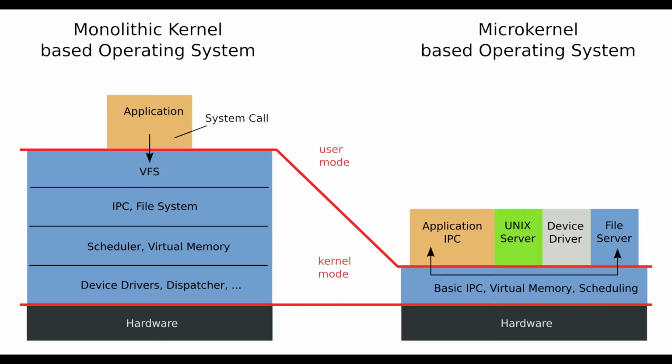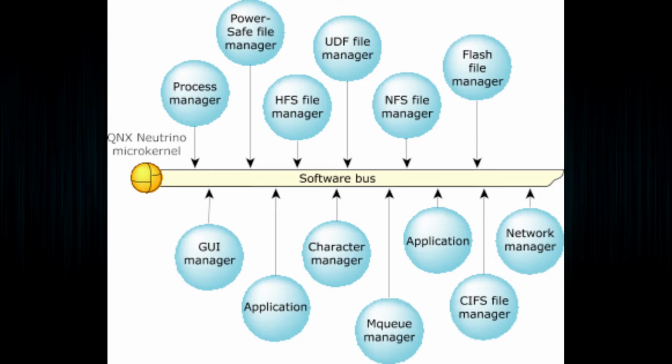For those who are unfamiliar with microkernel architecture, it means that the kernel, the lowest level and most privileged part of the OS, is ideally reduced to providing only basic multitasking, memory management, and communication between tasks. The rest of the OS is implemented as a collection of tasks running on top of the microkernel.